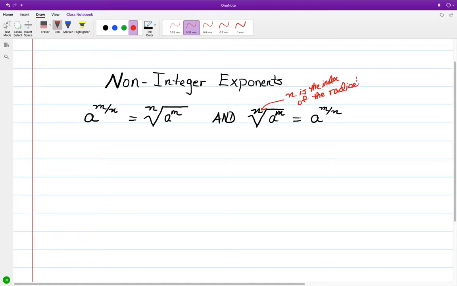Now, we will eventually be looking into simplifying radicals of various types. But let's say we're just looking at the interaction between non-integer exponents and radicals.